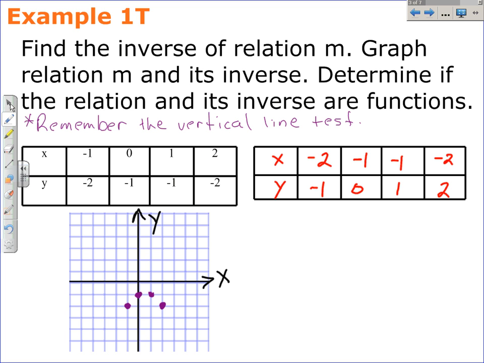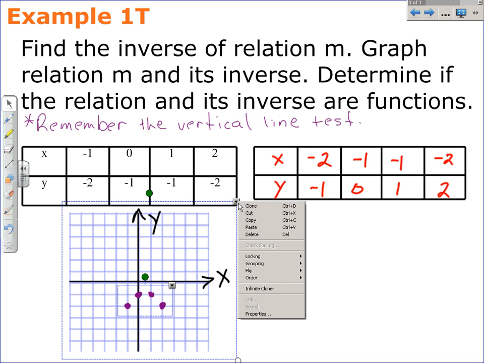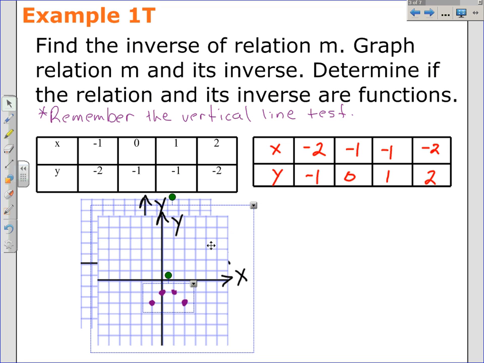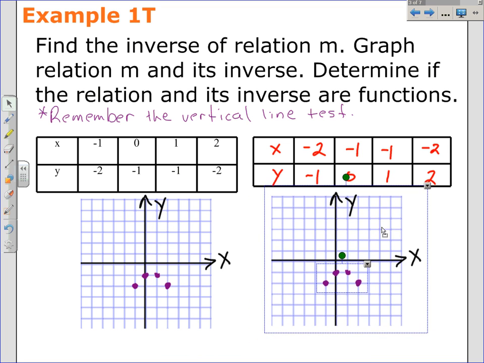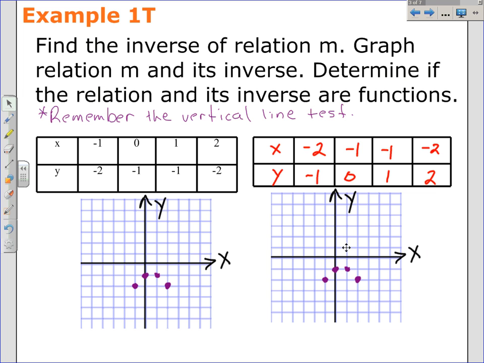And what we're going to do now is graph that. And there we have that. And we're going to graph the inverse of this.